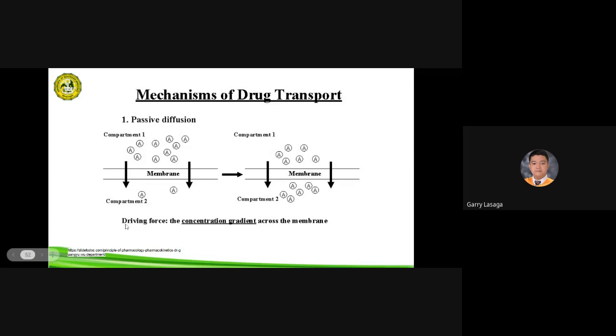So the major driving force in the movement of drug molecules from one compartment to the other is the concentration gradient. For passive diffusion, again, the main factor here is the movement of a drug molecule from a higher concentration to a lower concentration.